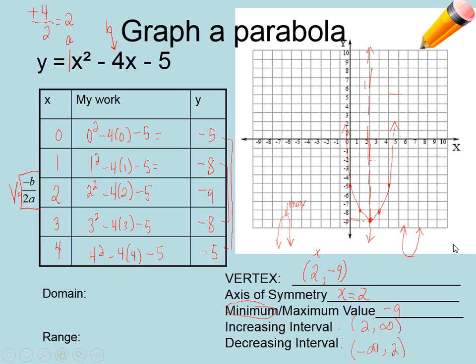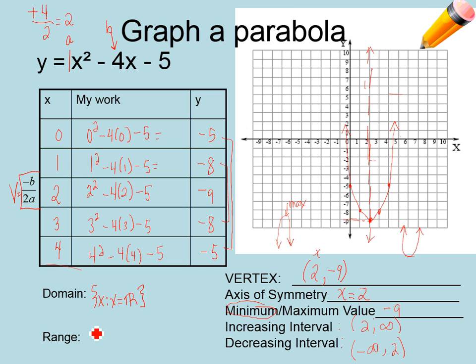Okay? And then my domain for lines was all reals. My domain for V's was all reals. My domain for parabolas is also x such that x equals all reals, because every number on the x is going to be touched, from infinity all the way to negative infinity.